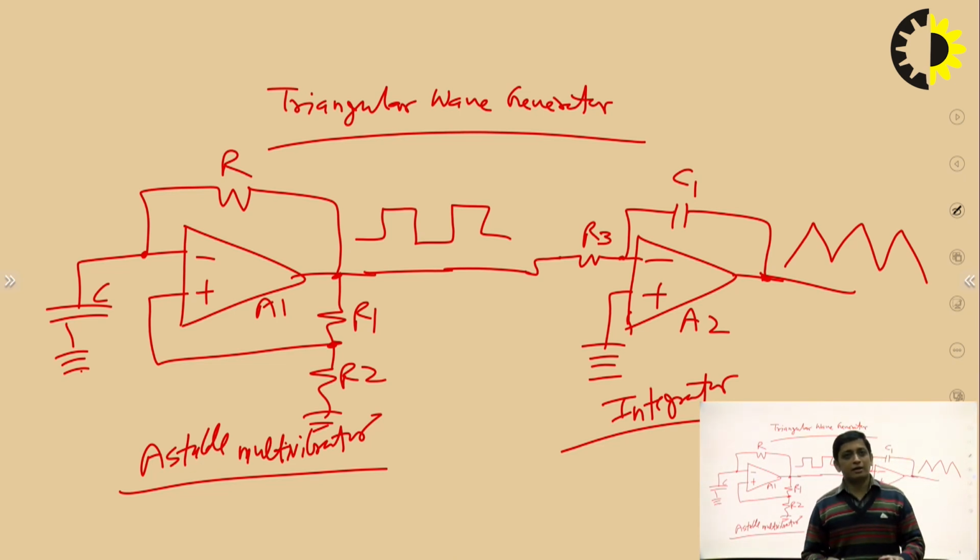In this class, I have simply discussed the basics of the astable multivibrator, monostable multivibrator, and triangular wave generator. There are various applications of astable and monostable multivibrators. An astable multivibrator is used to generate a square wave, and for FSK generators.